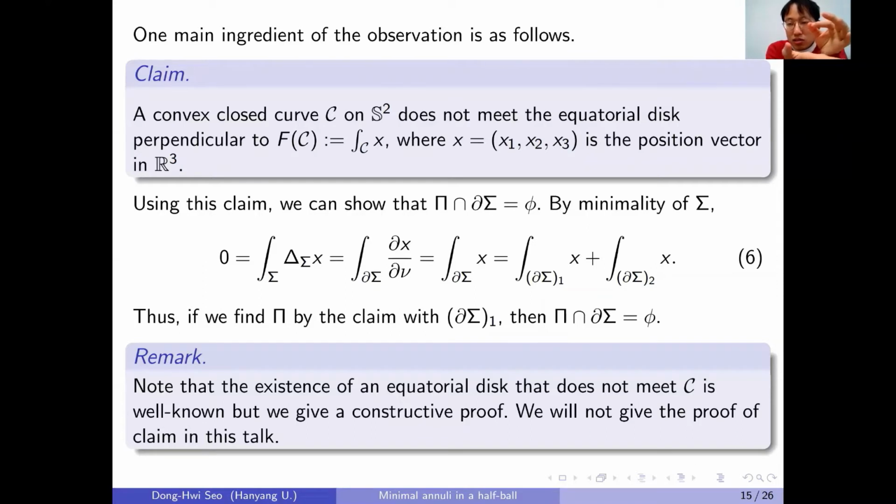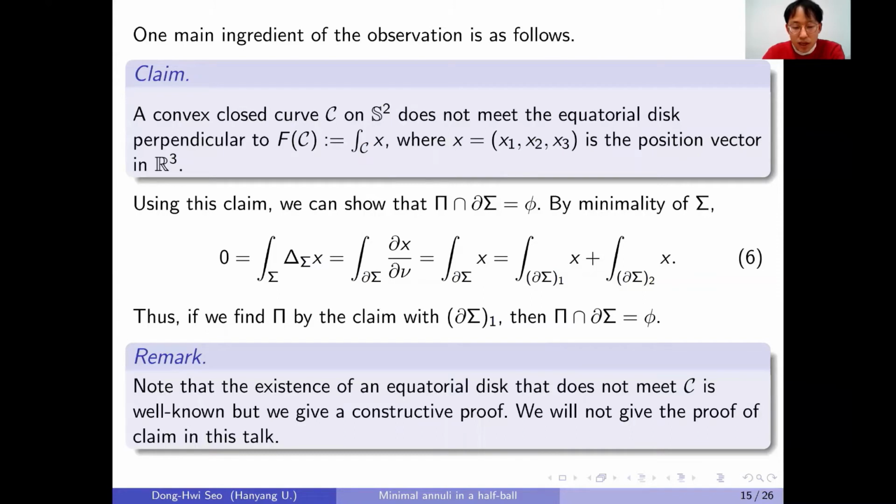This equatorial disk is perpendicular to some vector, which is the integral of the position vector over the convex curve. Let's call this vector the flux vector of C. Actually, the flux vector is a very important concept in minimal surface theory.